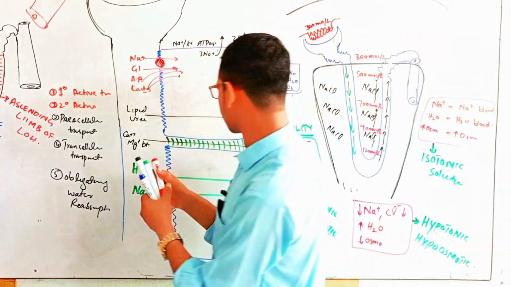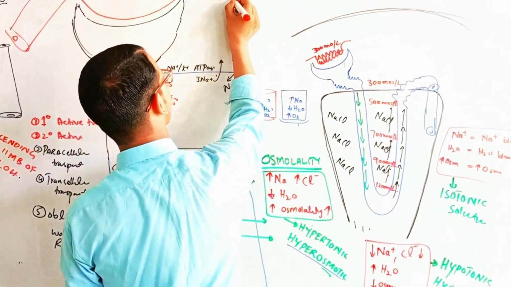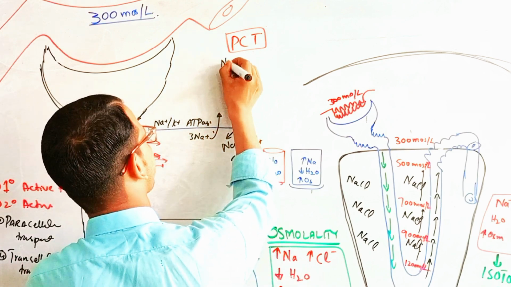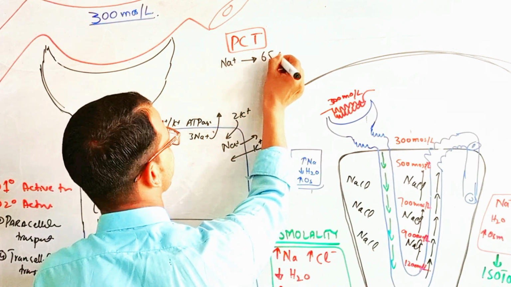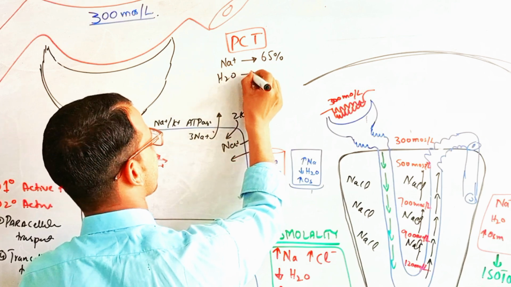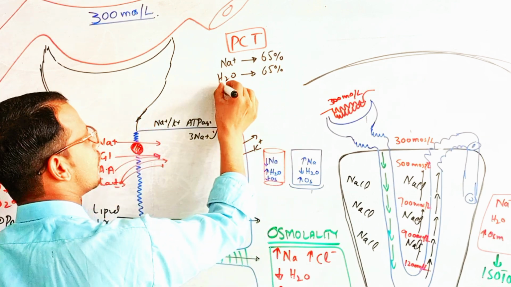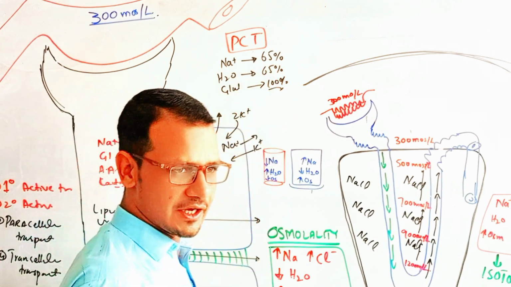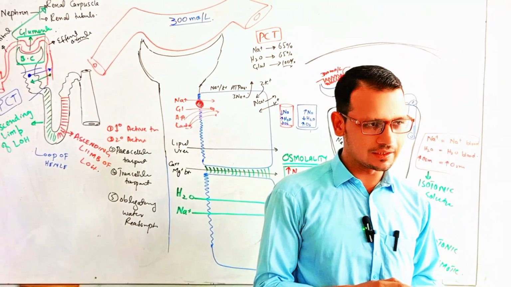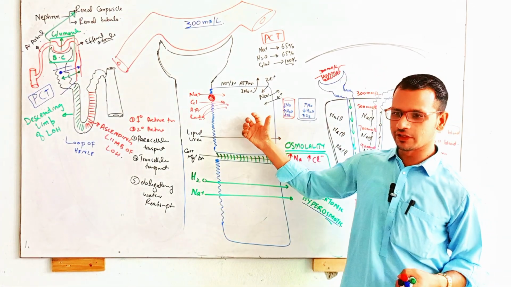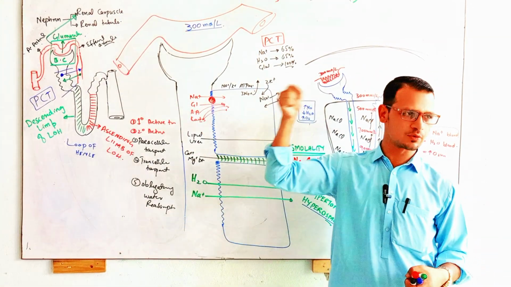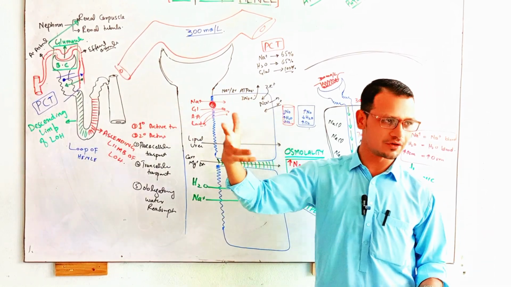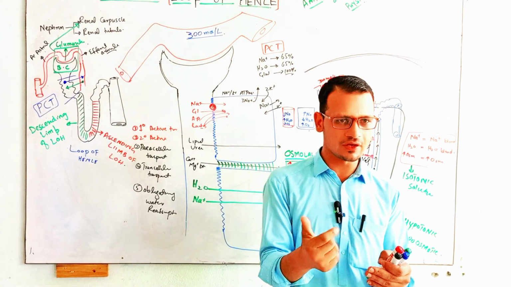How much sodium is reabsorbed in proximal convoluted tubules? First, sodium. How much? 65%. Water, 65%. Glucose, 100%. If some of the glucose remains in the lumen, this cell has the ability to take these minor quantities of glucose from the lumen, if the kidney is normal in physiological activities.